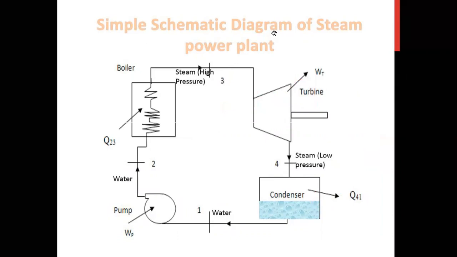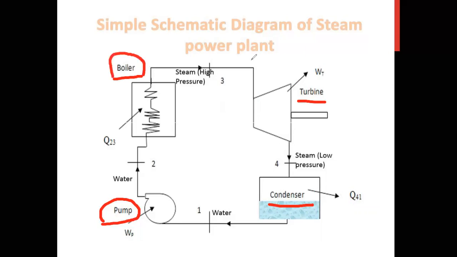As I told you, there are mainly 4 parts. One is the boiler, the second is the turbine, the third is the condenser, and the fourth is the pump.